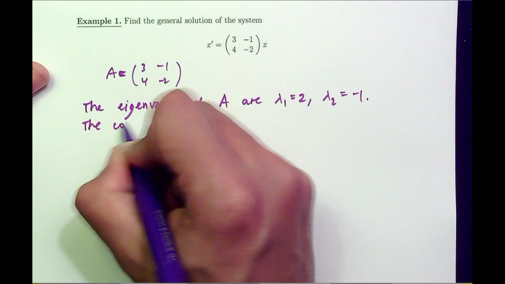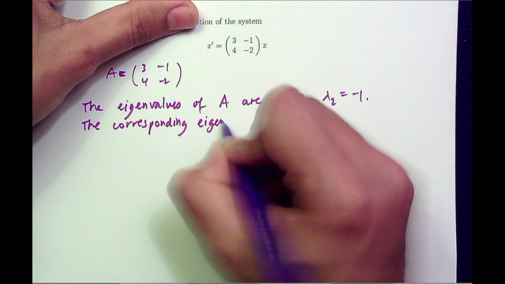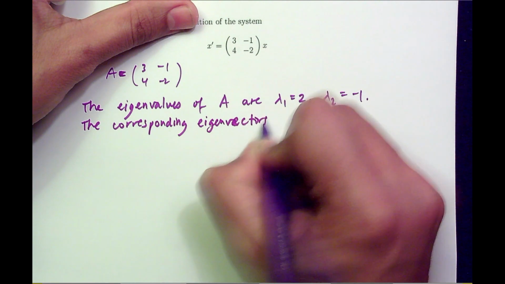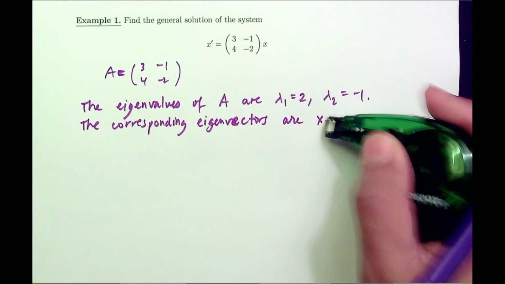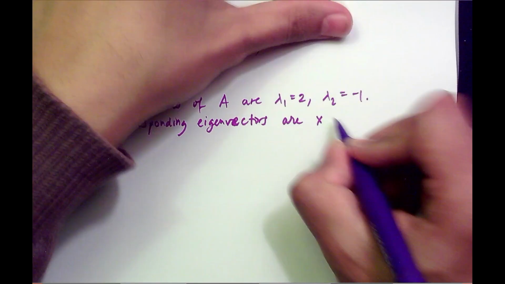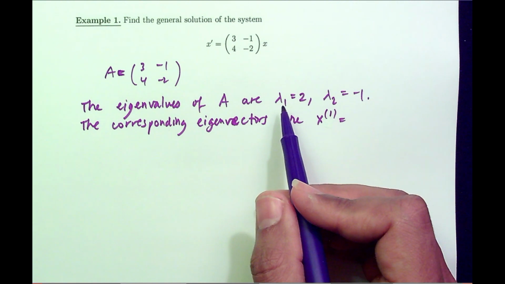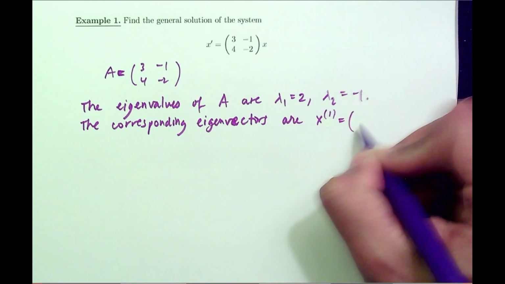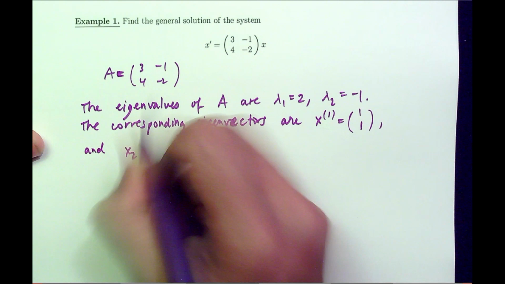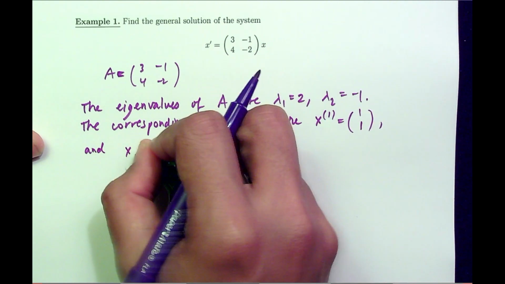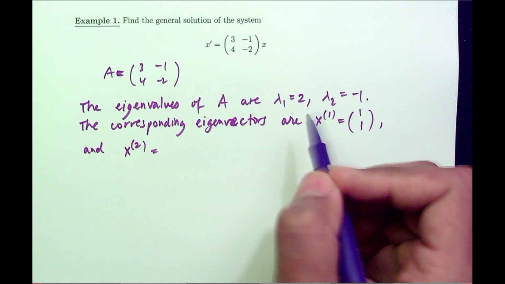The corresponding eigenvectors are, let me keep the notation the same, the eigenvector for lambda 1 equals 2 was 1, 1, and the eigenvector for lambda 2 equals negative 1, we found it to be 1, 4.